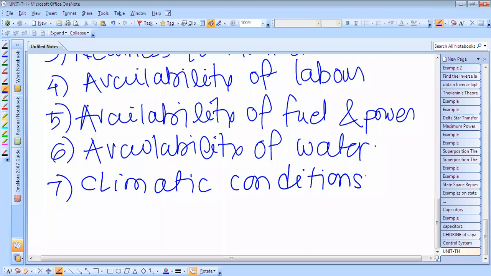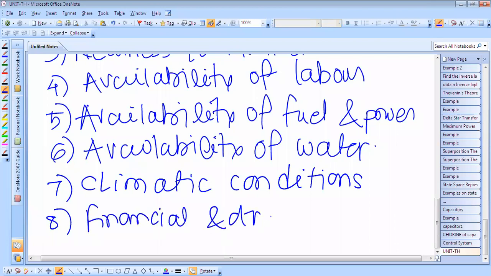Next factor is the financial and other aids. Certain states give us loans, feed money, machinery, built up sheds, etc. to attract the industries.